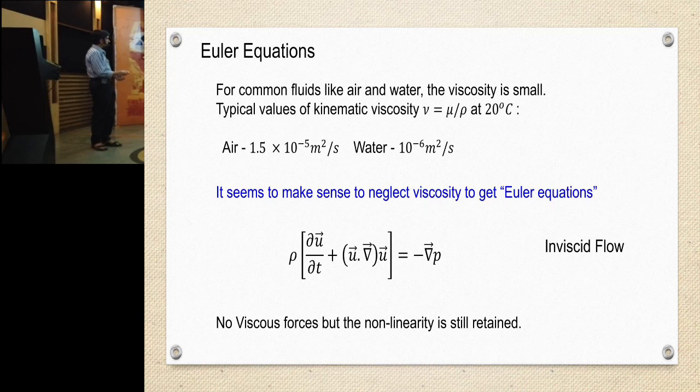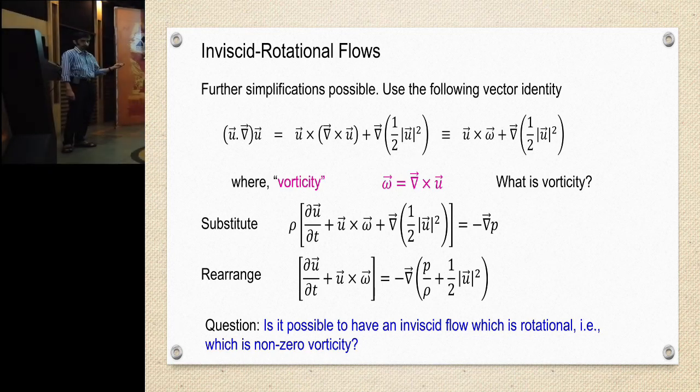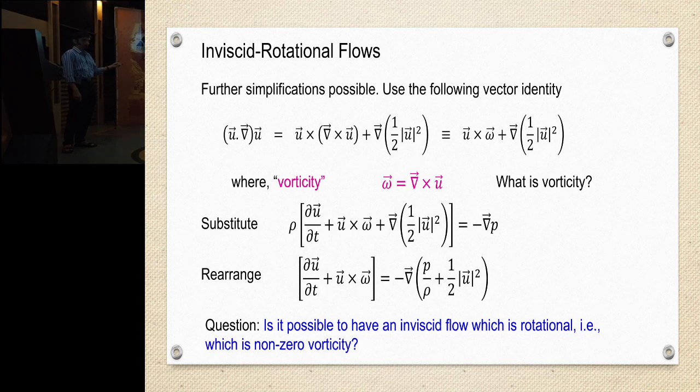So here we have just dropped the viscous term, and this was actually proposed by Leonhard Euler, and therefore these are called Euler equations. Now remember that although we have dropped the viscous terms, which are the second order derivative terms, the non-linearity is still there, because the non-linearity is really contained in this term, which is the so-called convective acceleration of a fluid particle.